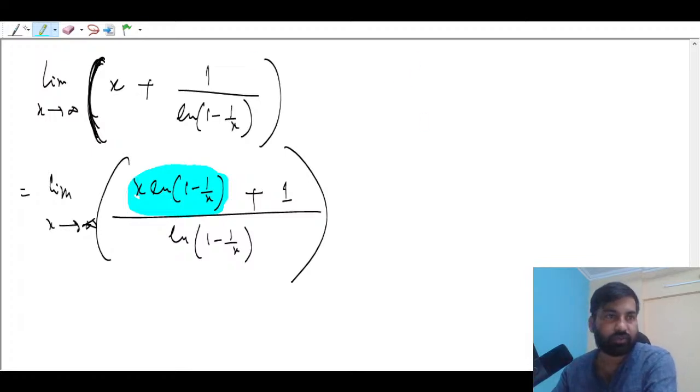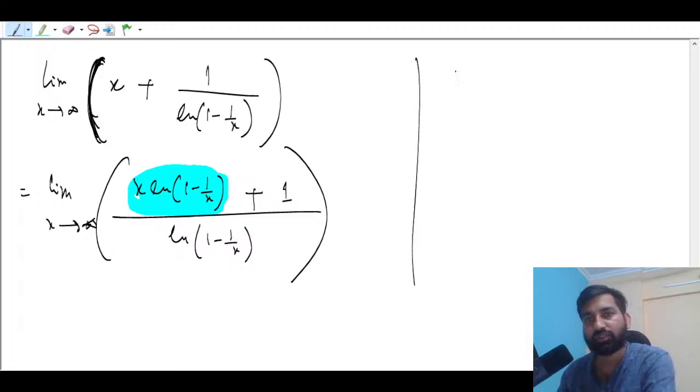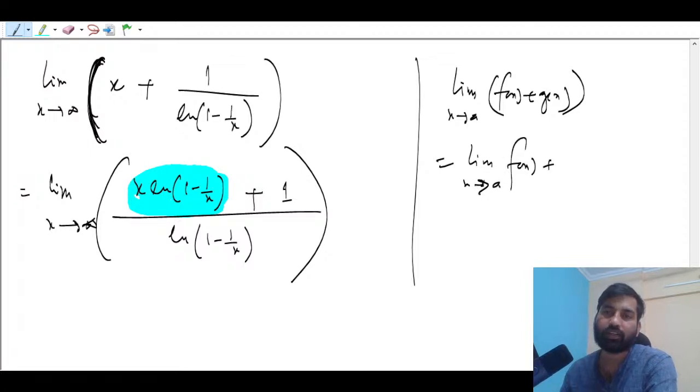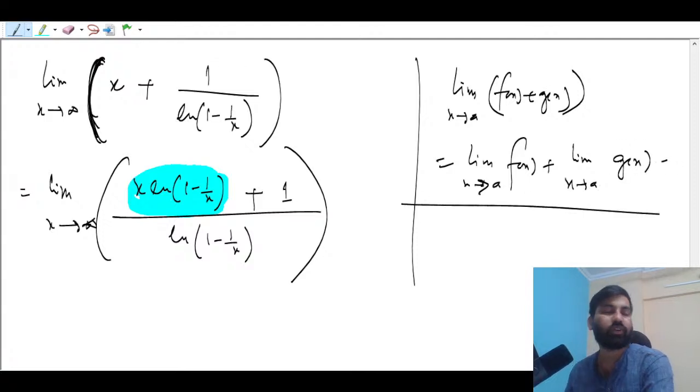There is a process: suppose limit x tending to a of f(x) plus g(x) is there. You can apply the algebra of limits: limit x tending to a of f(x) plus limit x tending to a of g(x). You can write it like this.